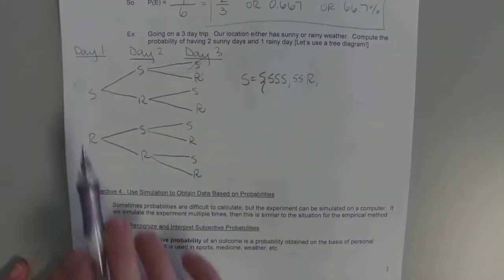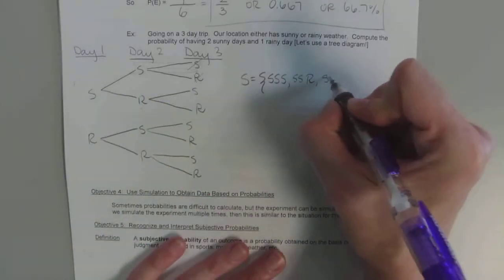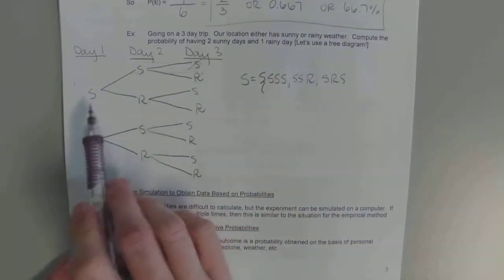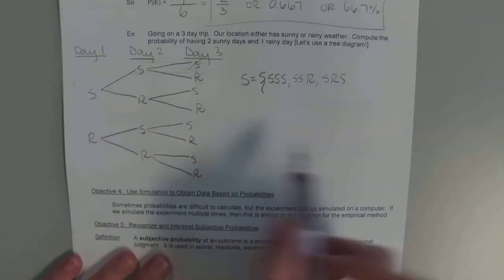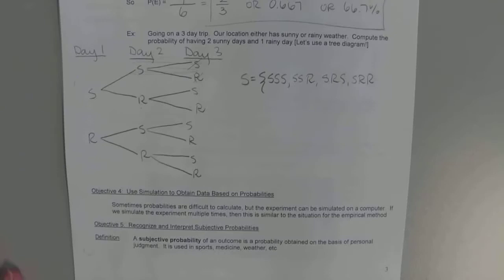We're kind of done with this branch now. All right? And we're going to do the same thing down here. Sun, rain, sun. Or what could happen? Sun, rain, rain. So those are the only 4 scenarios where the first day is sunny.